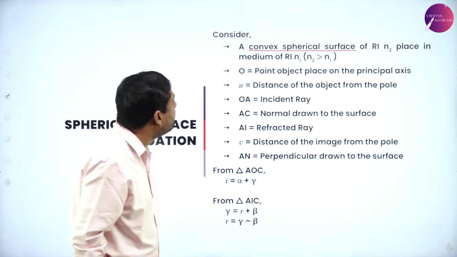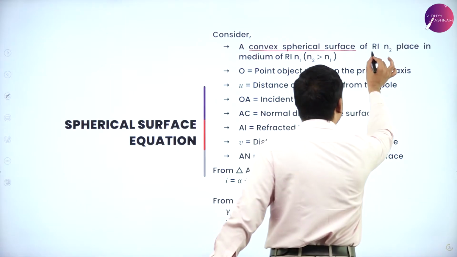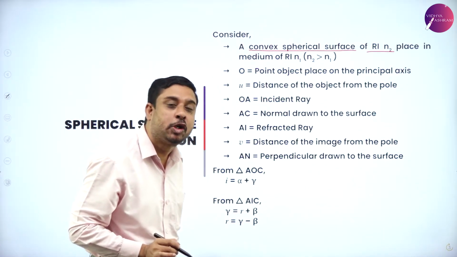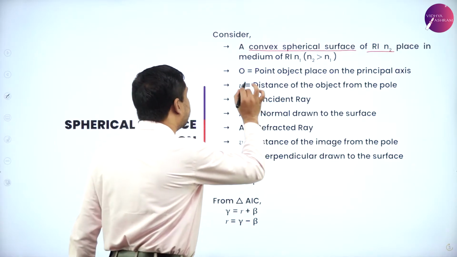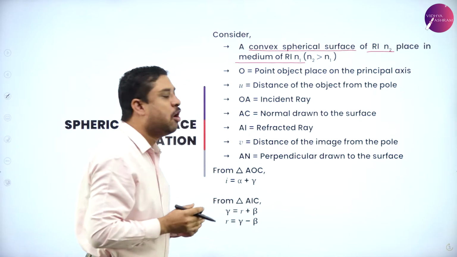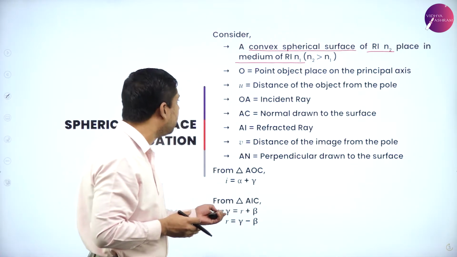There is a convex spherical surface of refractive index N2 and it is placed in a medium of refractive index N1.